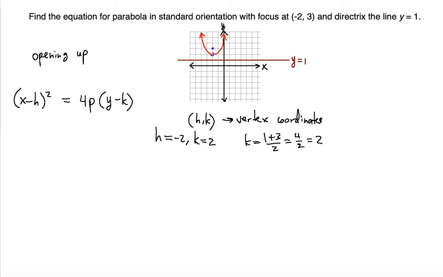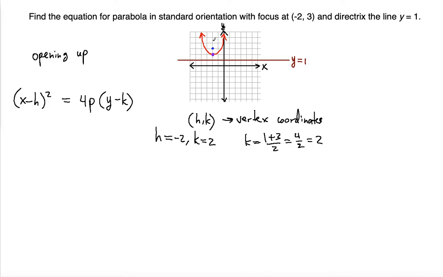Depending on the orientation, in this case it's opening up, so we know that k is going to be the variable here. And the x value is going to be the same, right? H is the x value, which is the same for the vertex and the focus there. It's on the same vertical line, so to speak, the axis of symmetry line, okay?